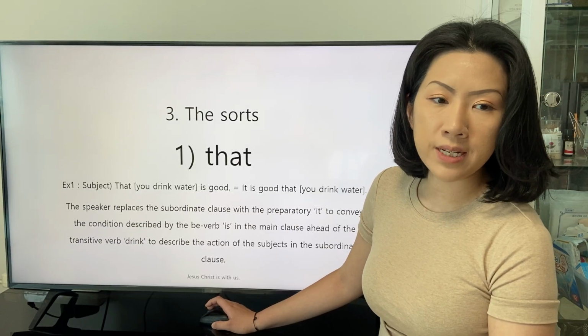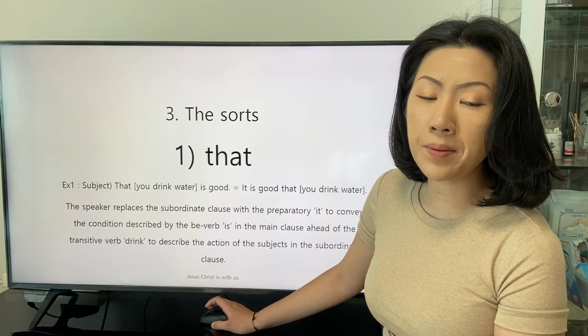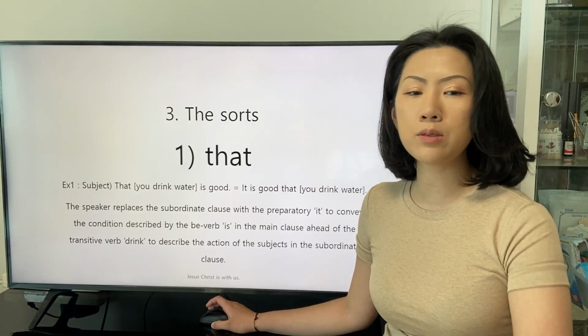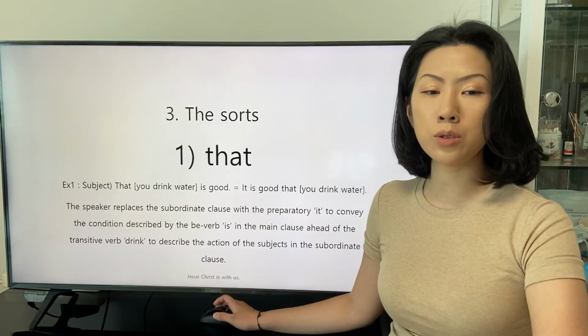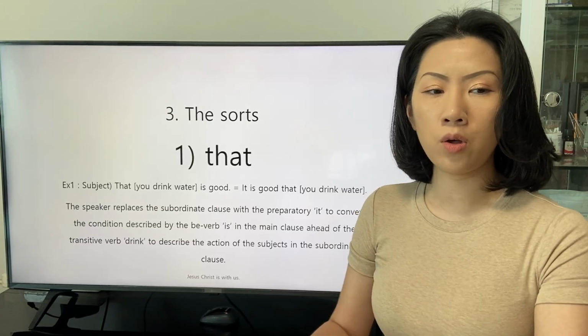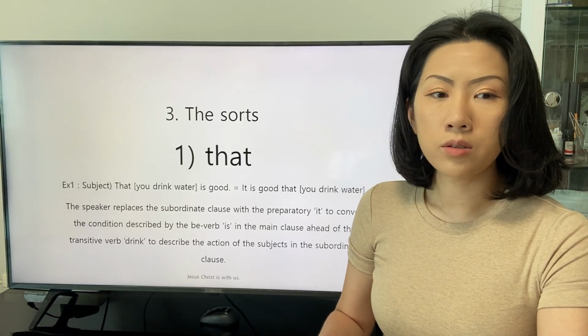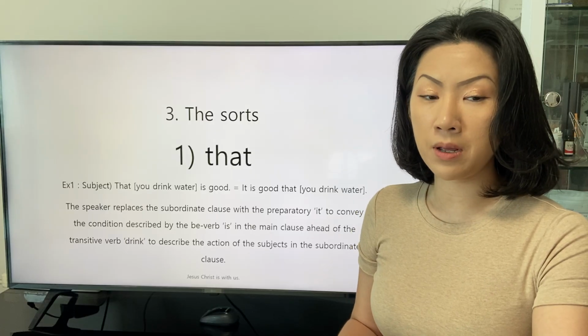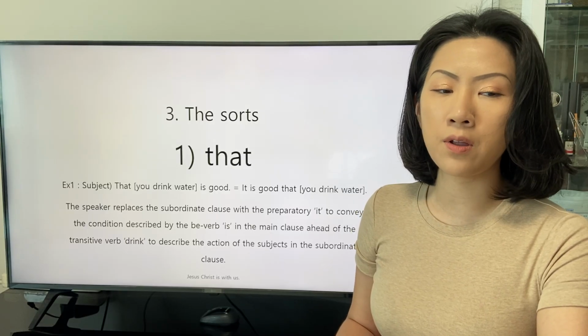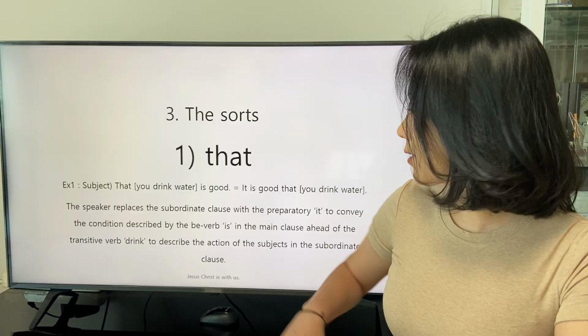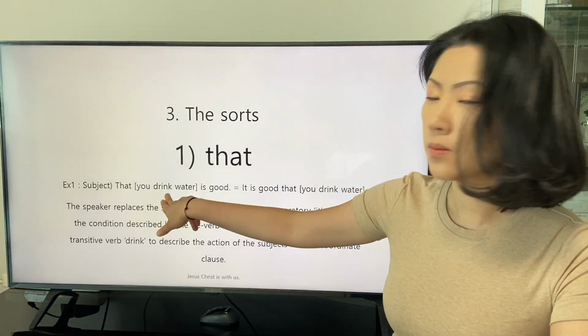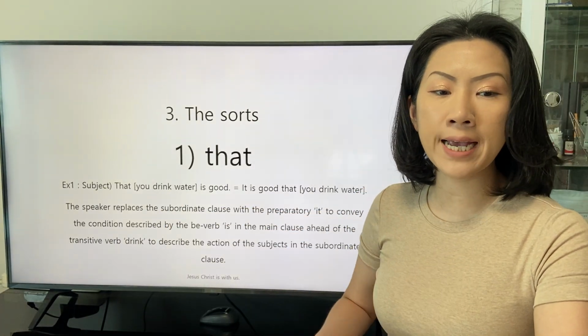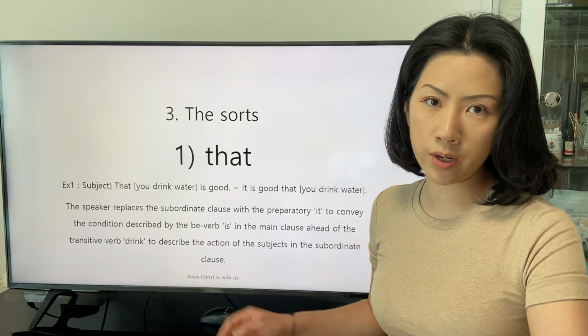The speaker replaces the subordinate clause with the preparatory pronoun it, to convey the condition described by the be verb is in the main clause ahead of the transitive verb drink, to describe the action of the subject in the subordinate clause.